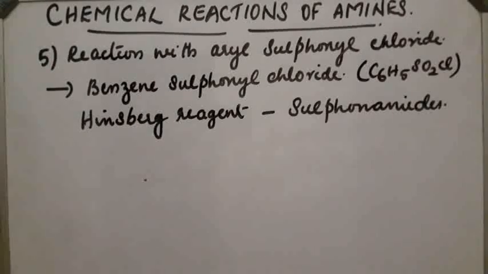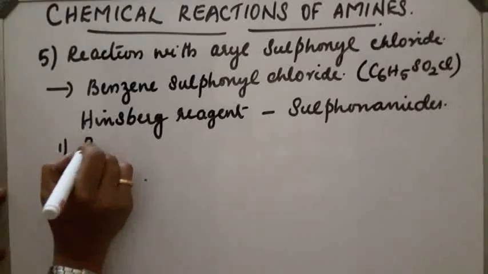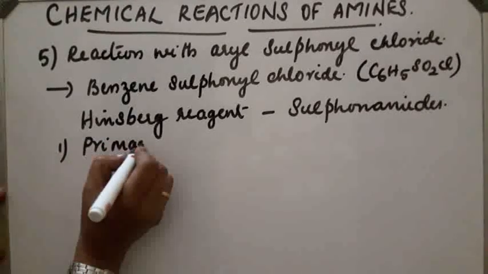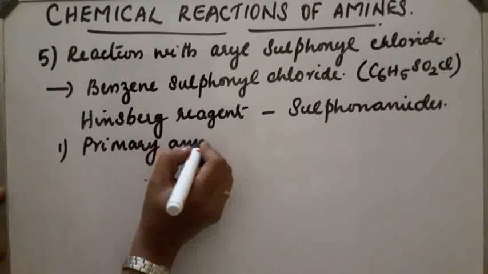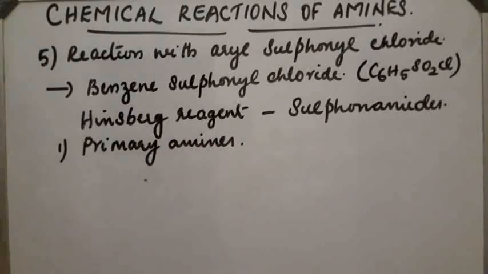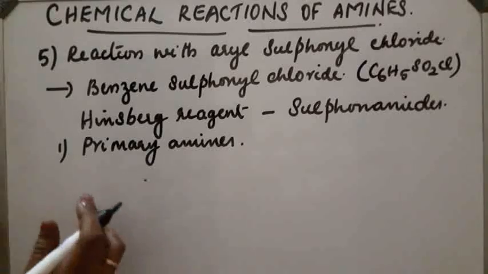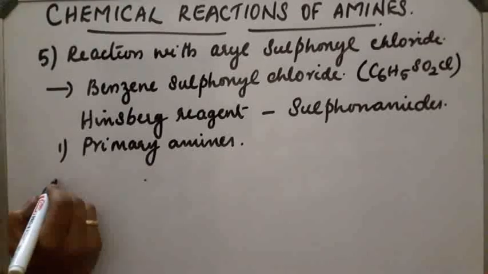So different amines react in different manner. First, primary amines. Primary amines on reaction with benzene sulphonyl chloride form N-ethyl benzene sulfonamide. Let us see the reaction.